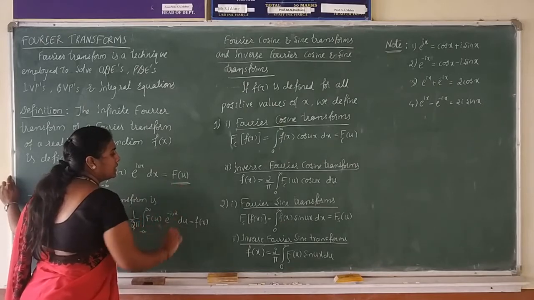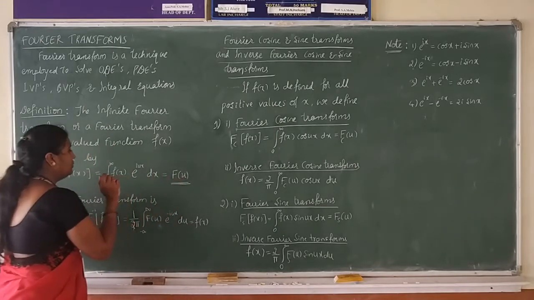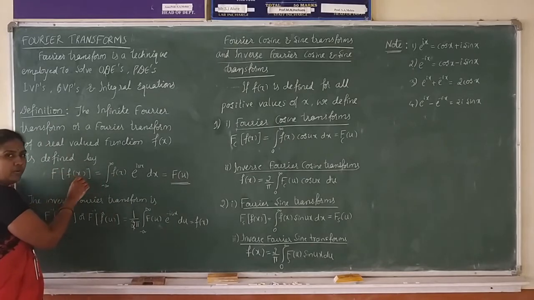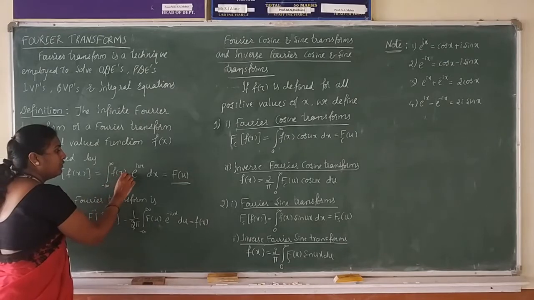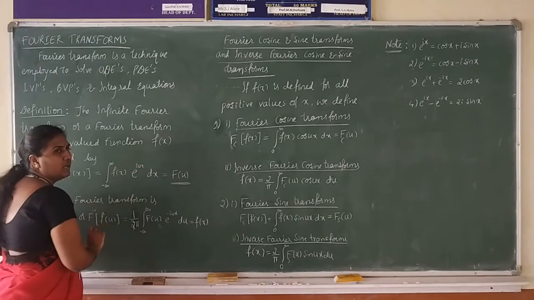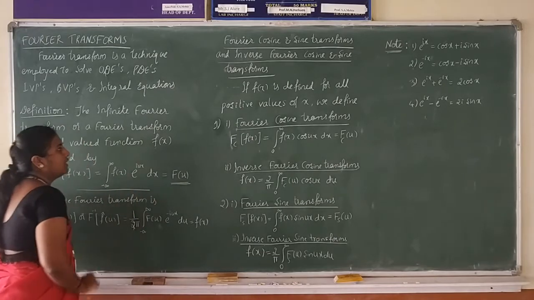F of u is nothing but the Fourier transform in the variable u, or Fourier transform of f of x. This is the definition of Fourier transform.